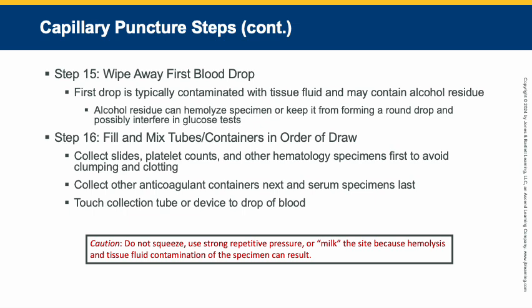Make certain that your gloved fingers do not touch the collection site. Do not squeeze, use strong repetitive pressure, or milk the site because hemolysis and tissue fluid contamination of the specimen can result.